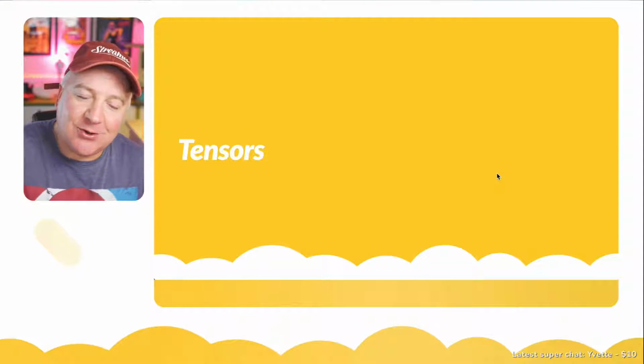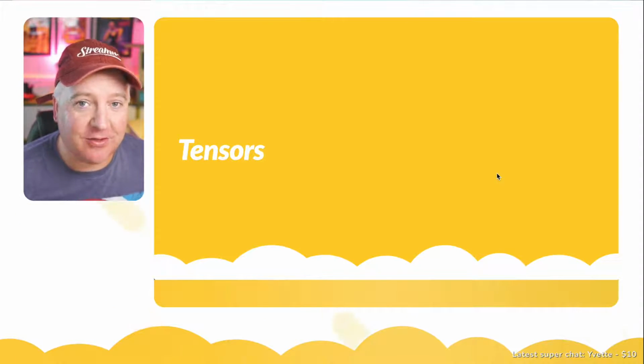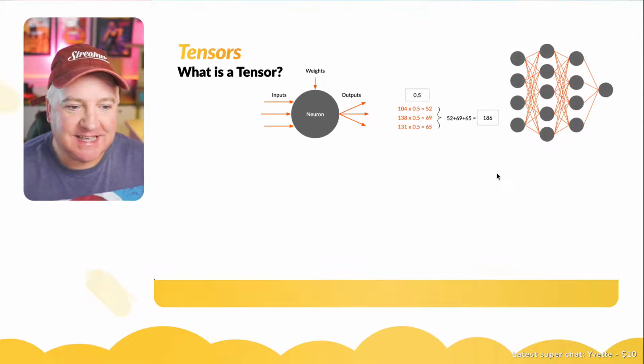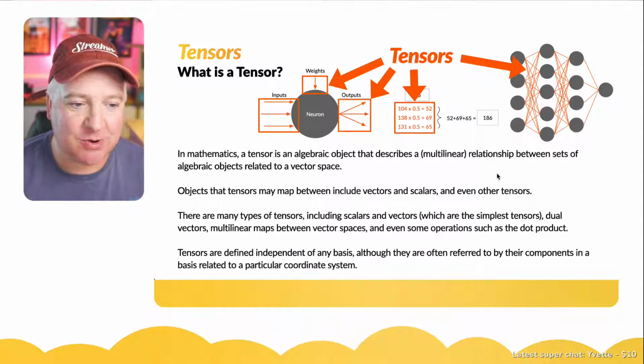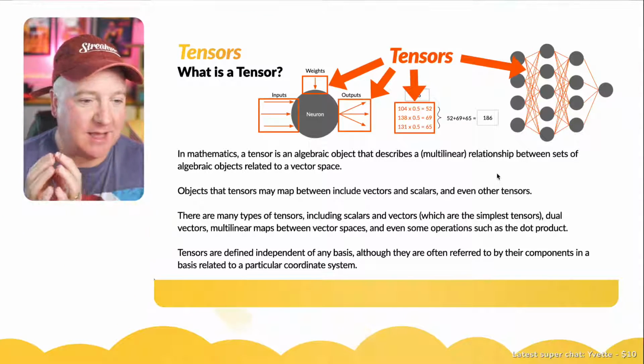So there's these things called tensors, and it's one of those things that's like, what is this? So the software that we're using is called TensorFlow, and the flow is through the model left to right. So what is a tensor? If this is our neural network, all these things here are tensors. Wherever we've got an array of numbers that we're going to do some operations on, those are tensors.